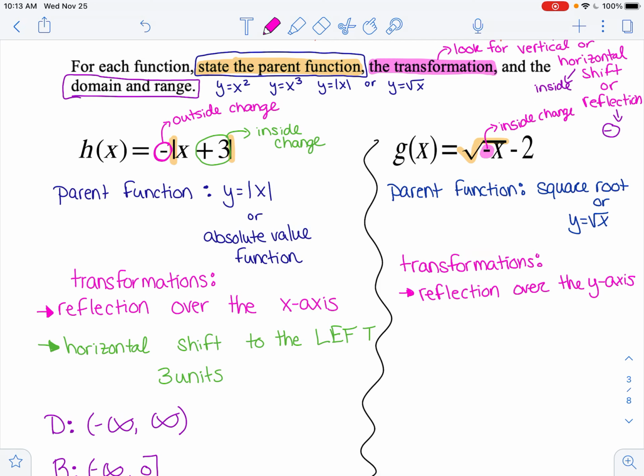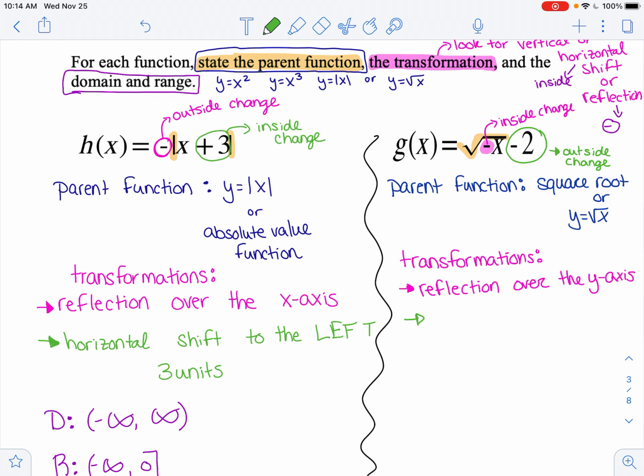The other transformation is an outside change, not an inside change. Notice how it's not underneath the square root. So it's going to be vertical. Since it's negative, it's going to be vertical down. So this is going to be a vertical shift down 2 units.